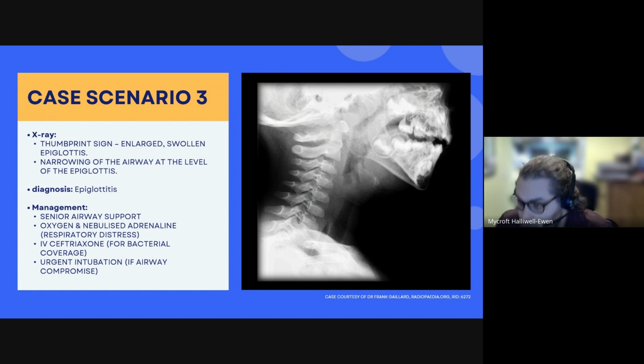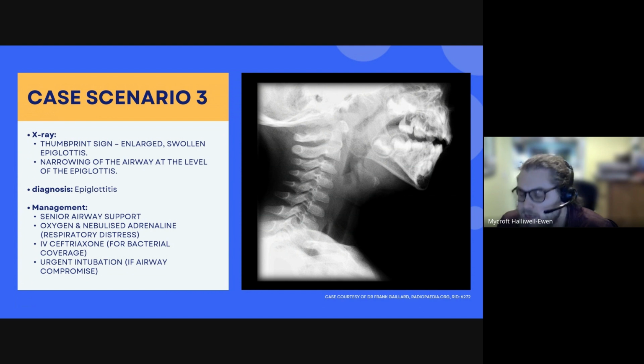It's the stridor, the drooling, the not being able to swallow in a child with a high fever that screams epiglottitis. And once you see it, you don't forget it. If someone has acute airway stridor and can't swallow their secretions and looks like they're about to lose their airway, by all means, you don't have to do a clinical exam, but you need to move them immediately to resus and find someone who knows what they're doing.